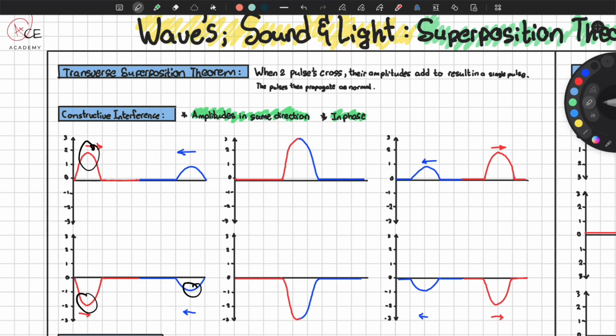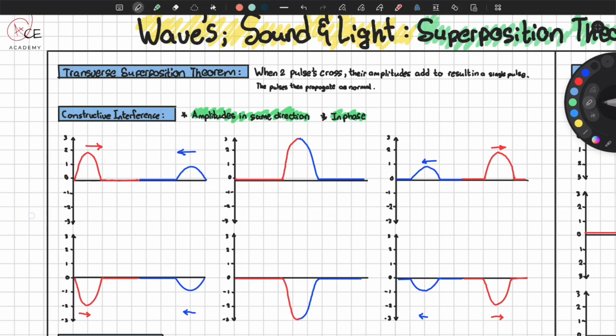In order to see it visually, think of a crest as a little hill, and think of a trough as a little bowl, right? That's how you're going to differentiate. Now, of course, we're doing the superposition theorem, so let's focus on that. Let's not divert from the topic too much.